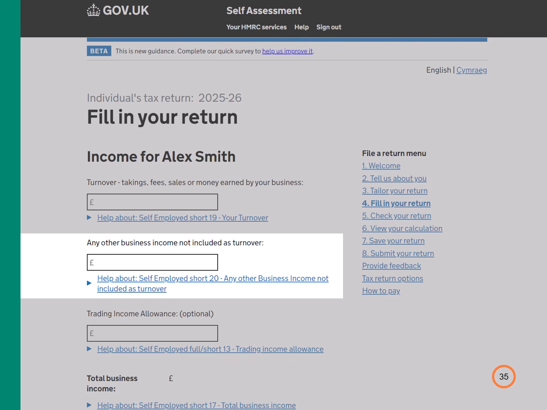For example, this could include rental income from letting part of your business premises or payment for the right to cross your land. Don't include income that you intend to include elsewhere in your tax return, such as business bank interest received. Also, don't enter any income from another trade or business. This should go on a separate self-employment page.